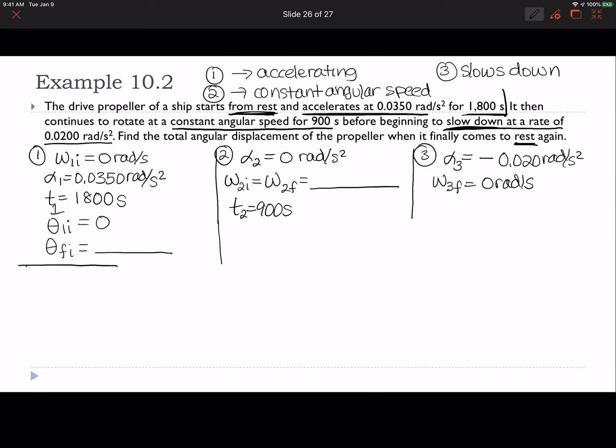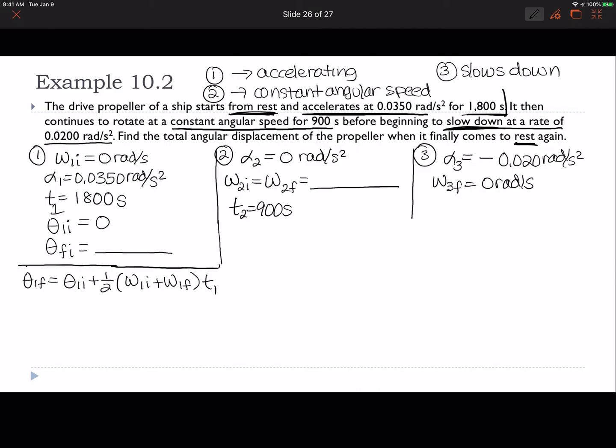So for motion 1, the final angular position is equal to the initial angular position plus 1/2 the angular velocity initial plus the angular velocity final times the time.